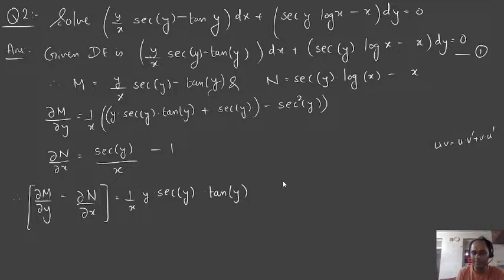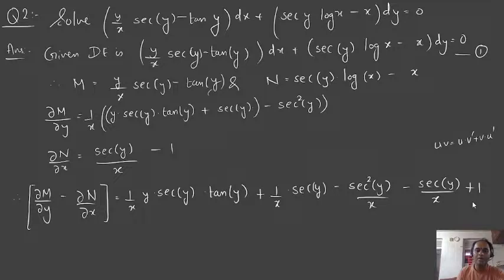Now this 1 over x will be multiplied, so it is 1 over x sec y, minus sec square y over x, and then there is this minus here, so minus of sec y over x plus 1. Now on simplification we see that this will get cancelled, and is anything else getting cancelled? Nothing else is getting cancelled, right?